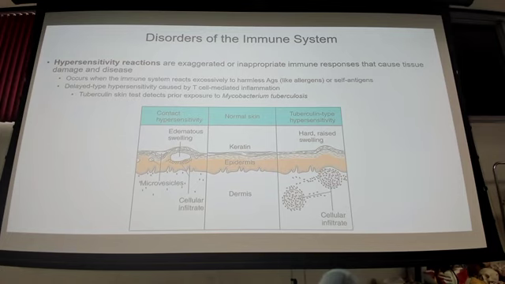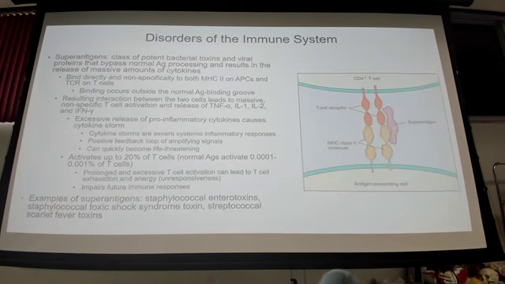Yes, sir. I don't know if I'm going too deep into the weeds. For cytokine storms, with the superantigen, is there anything specific that causes the superantigen to bind outside of the proper site to create that, or is it just one? That's a really interesting and good question. So at the very bottom of this slide are examples of superantigens.